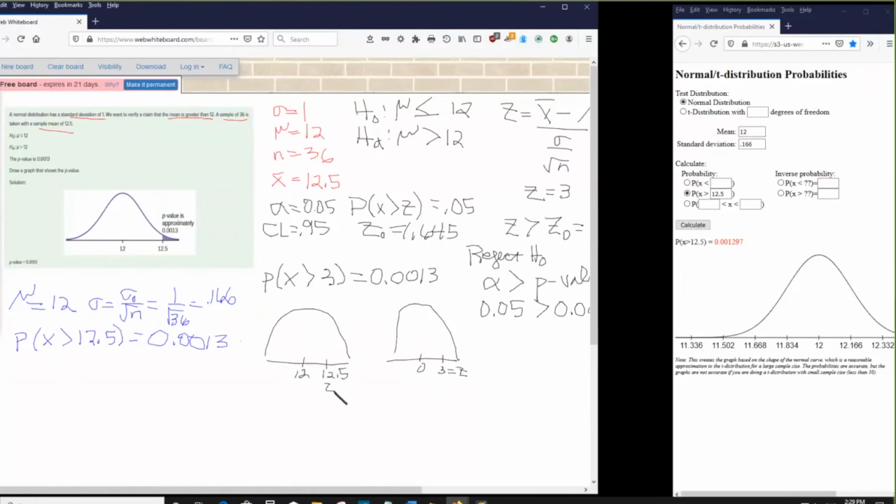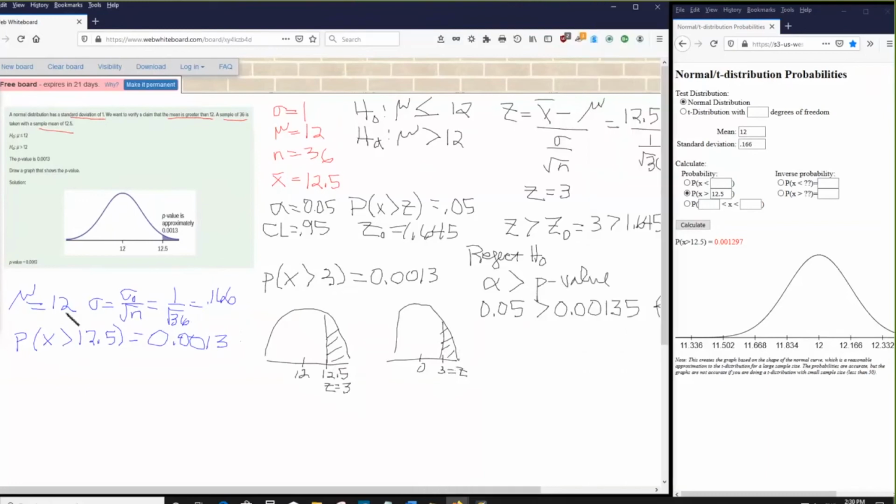This is also going to have that z-value of 3. And that's why these two probabilities for the p-value ended up being exactly the same. So that gives you another way to solve for your p-value. The official way will tell you to use your z-scores, but if you also use the original data with the sample mean, you should also end up with that p-value.